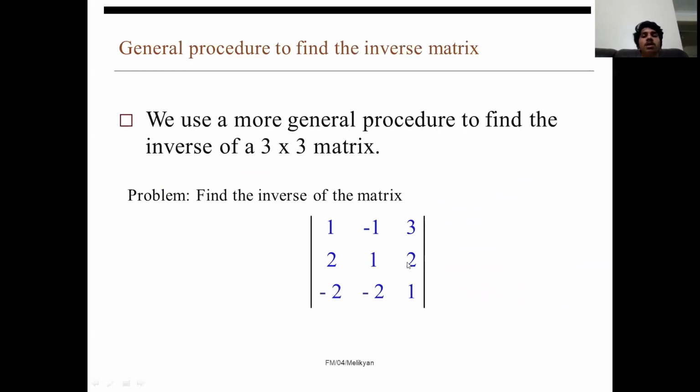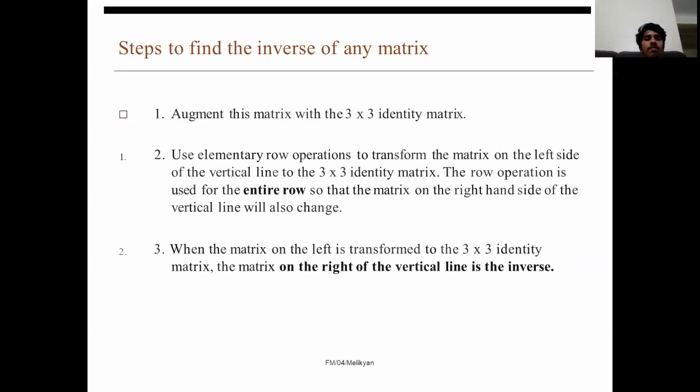We use a more general procedure to find the inverse of a 3 by 3 matrix. Problem. Find the inverse of the matrix 1, 3, 1, -1, 3, 2, 1, 2, -2, -2, 1. Steps to find the inverse of any matrix: augment this matrix with the 3 by 3 identity matrix and use elementary row operations to transform the matrix on the left side of the vertical line into the 3 by 3 identity matrix.